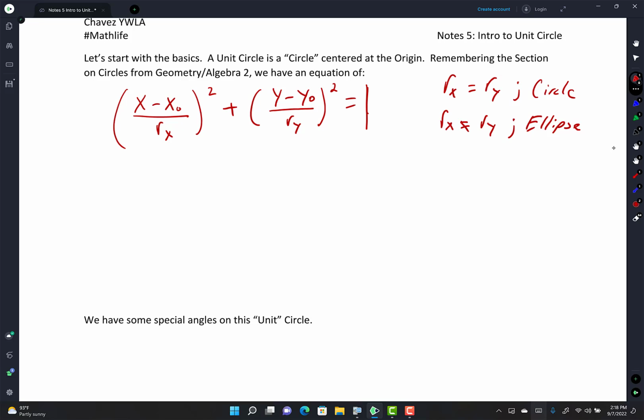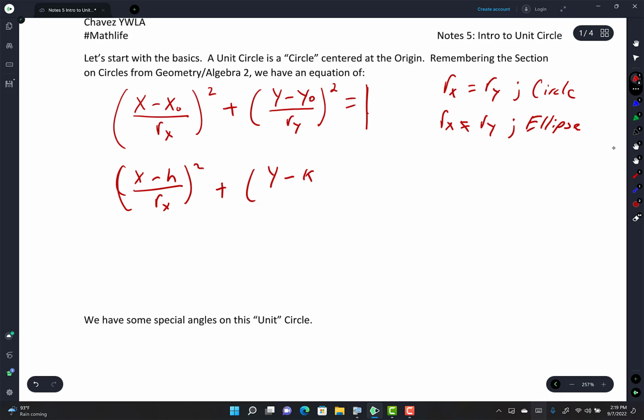This is common notation. Maybe you've seen it. Yeah, that's a 1. Maybe you've seen it like an H or a K, where the center is HK.